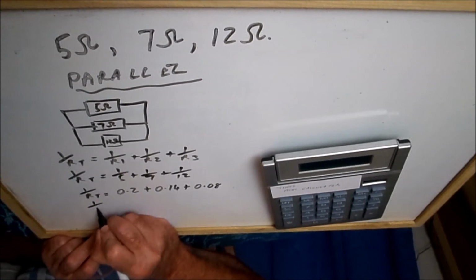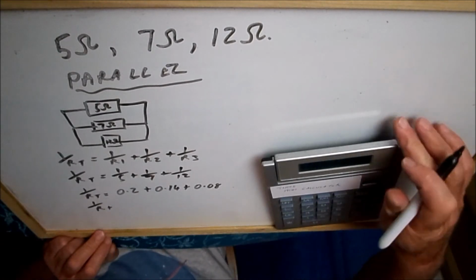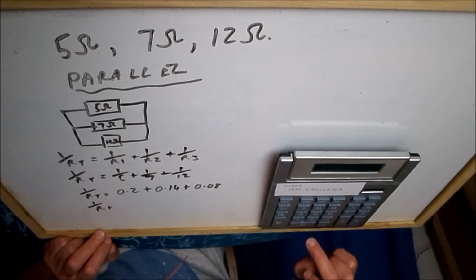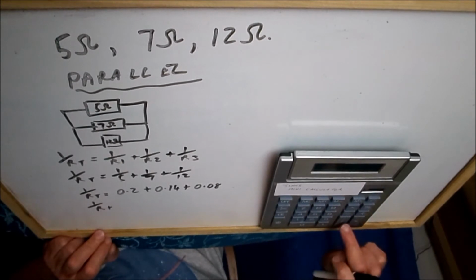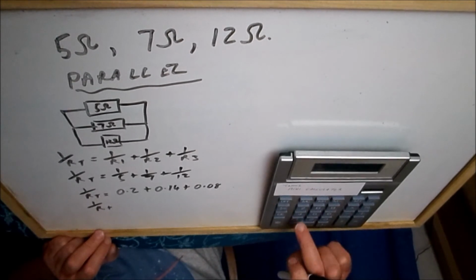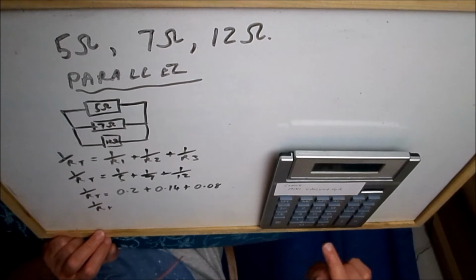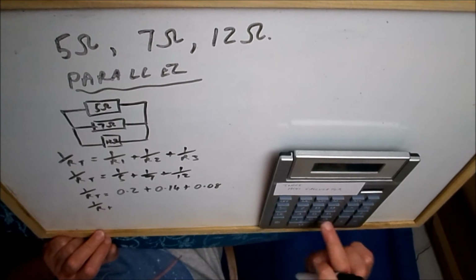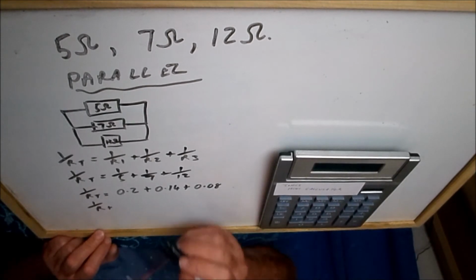So 1 over RT is going to equal all these added together. So it's going to be 0.2 plus 0.14 plus 0.08, which equals 0.42.